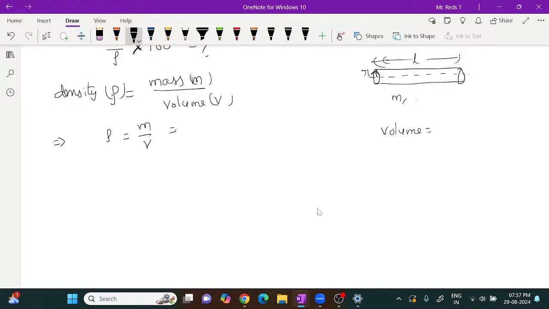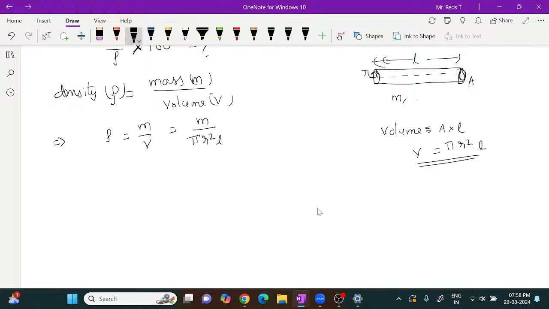For a cylinder, volume is the area of the circular cross-section into the length, pi r square into L. Substituting this, we get rho equal to m by pi r square L.